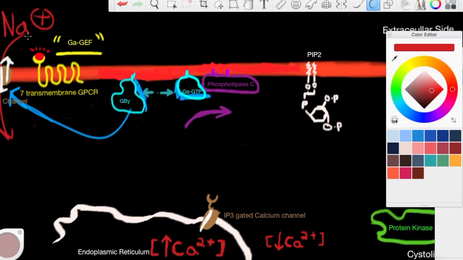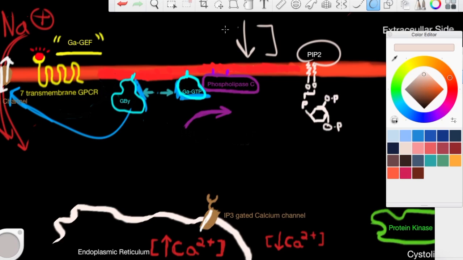The G protein alpha subunit will actually activate a protein called phospholipase C. What phospholipase C is, through the name, will actually cut a target which we'll talk about in this module, PIP2. You have to remember that PIP2 is kept at very low concentrations on the cytosolic side of the plasma membrane.